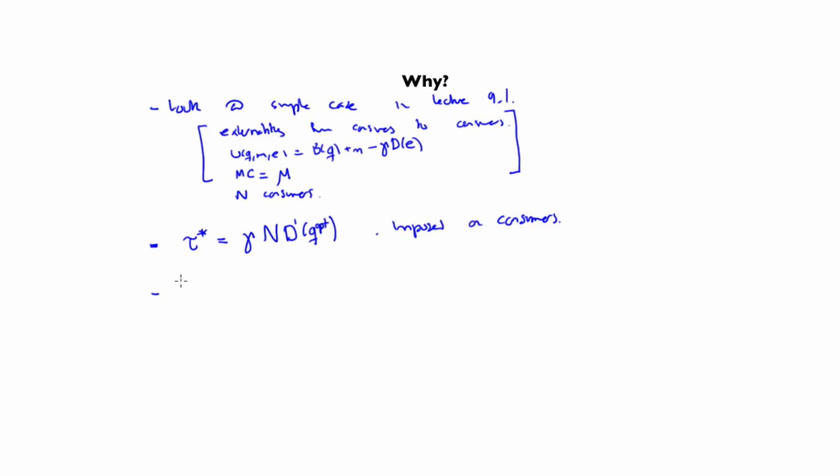Now, what's the consumer problem? They have to maximize over Q greater or equal than 0, B(Q) minus PQ minus tau star Q minus the damage of the externality, and this is taken as given during the problem.